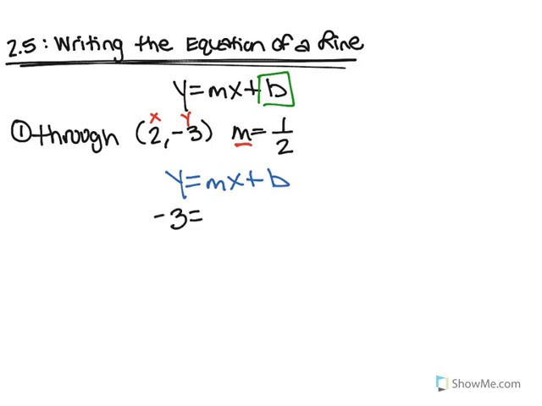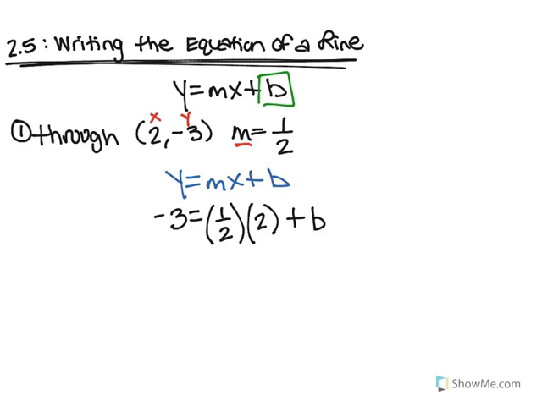It's just a random point. The y point that I gave was -3. Equals the m is who? 1/2. X is who? 2. And I bring down the plus b. Does everybody see? I'm plugging into the slope-intercept form just to find my b.